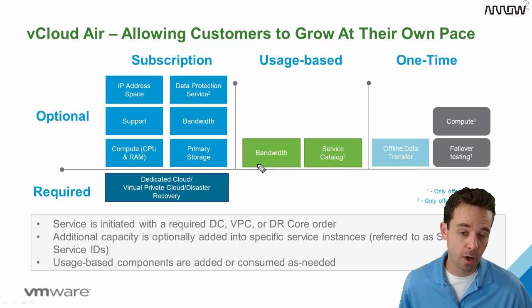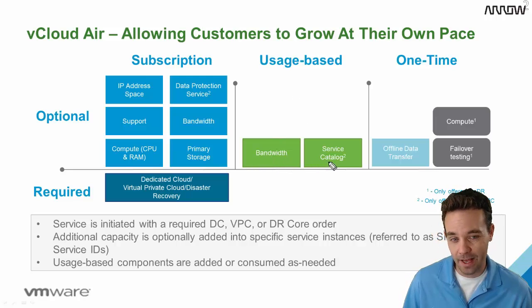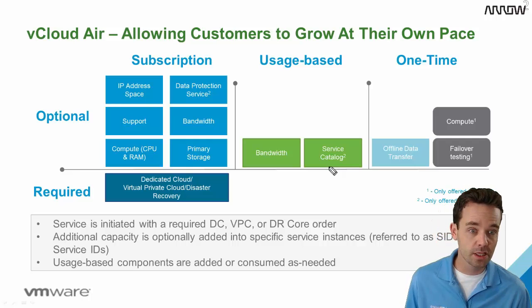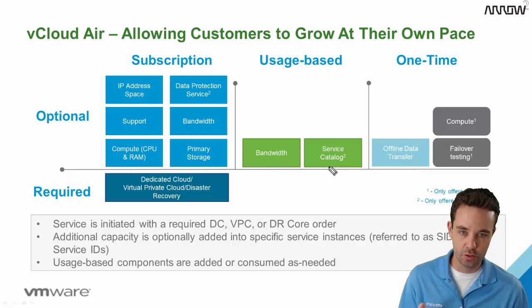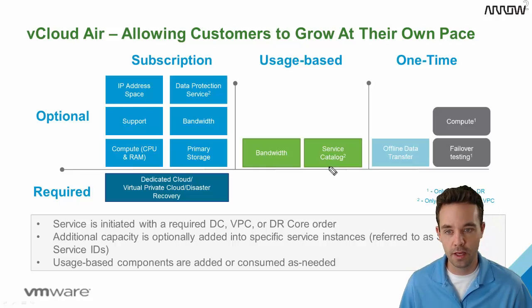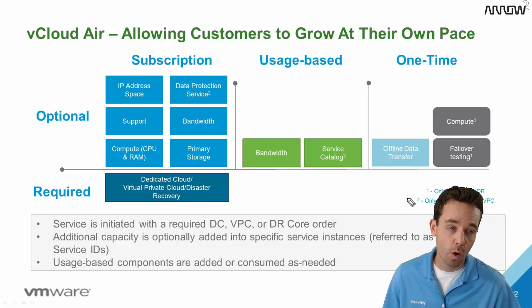And there are also components that are usage-based, so things like bandwidth, service catalog items, meaning things like Windows licensing purchased from VMware. These pieces can be added on as well, but they're more based on usage rather than a subscription where I'm going to get 2 additional terabytes of storage per month. And then finally, we have some one-time costs.